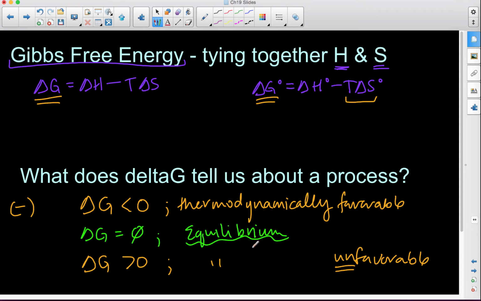That's what equilibrium means. So when we say delta G is equal to 0, we're at that place, which means neither forward nor reverse is favorable. Note that this doesn't apply to the standard value; the standard process is always going to have a value. This mostly applies to the non-standard version, and we're going to further describe and define those in a minute.